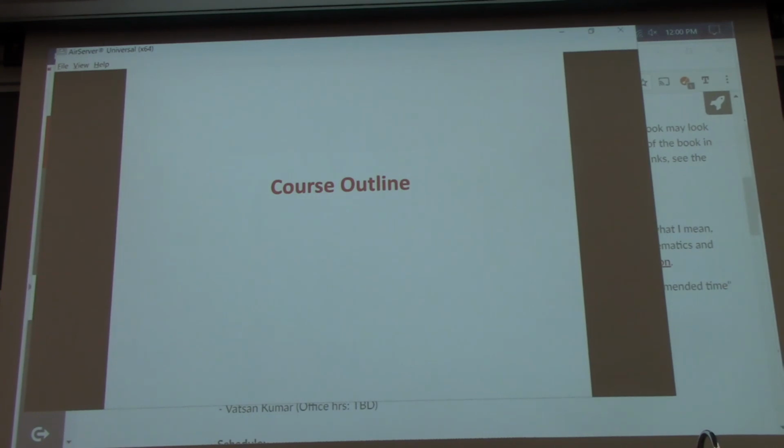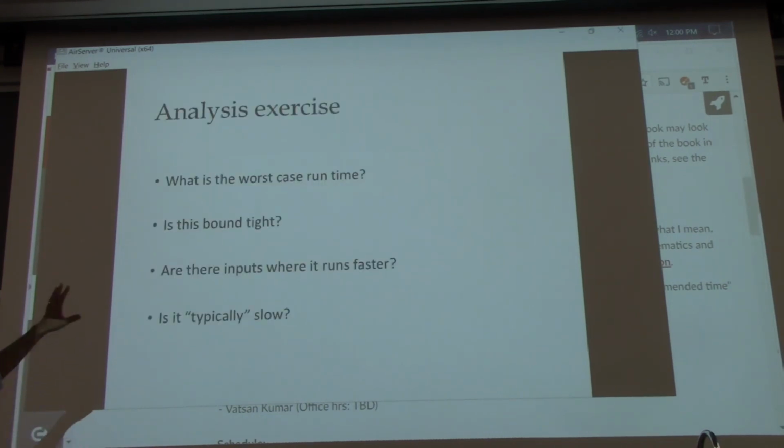Okay, so one point I wanted to make is that even for simple algorithms like bubble sort, when we think of running time, we always think of a worst case running time. We always say this algorithm has running time O of n squared. But sometimes you may not be interested in the worst case.